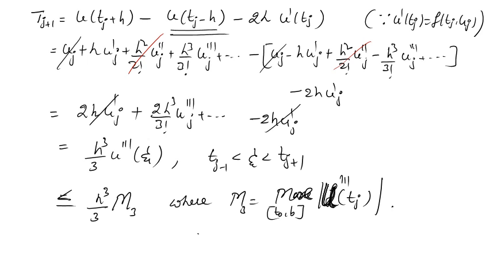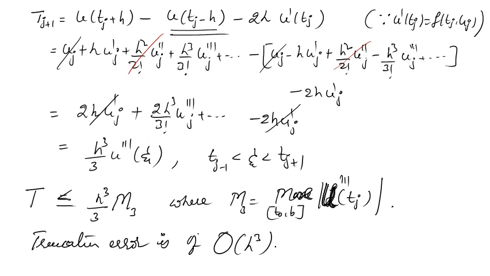So this is the truncation error. Therefore what is capital T? One can write this is capital T. So truncation error is of what order? Truncation error is of capital order of h cube, okay. This is midpoint method.